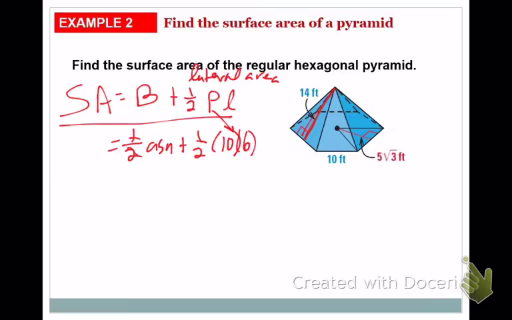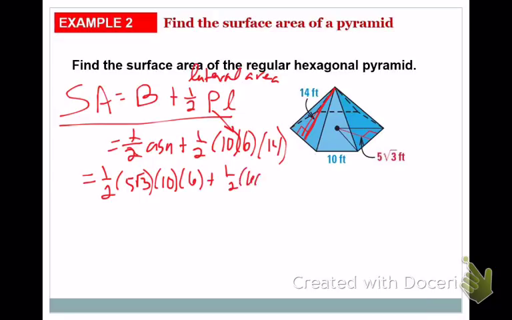And then multiply that by the slant height, which is 14. Okay? And then you just plug in what you know and go to work. The apothem for that hexagon is 5 times radical 3. The side length is 10.